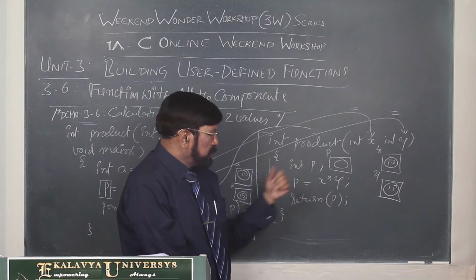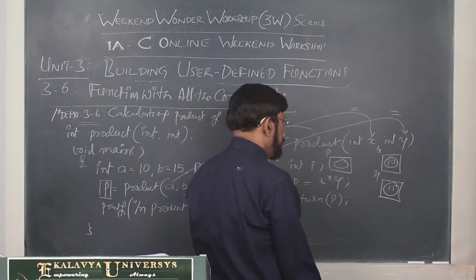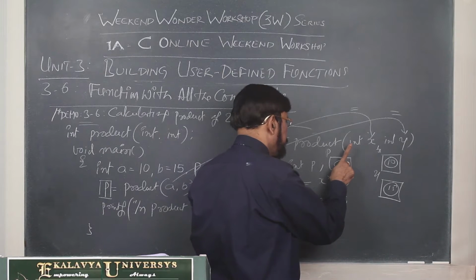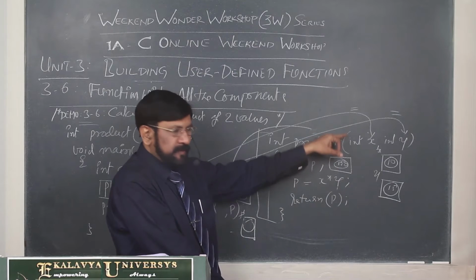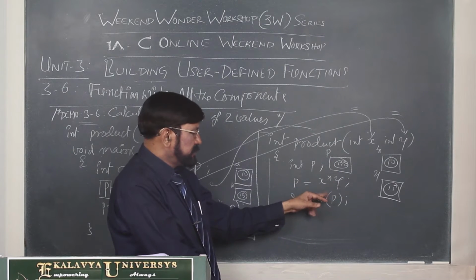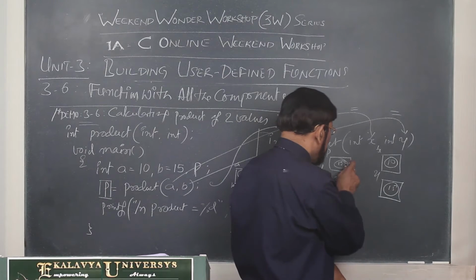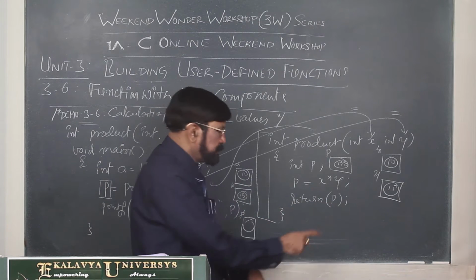Now p is equal to x into y, which you made. Now 10 into 15, 150 is stored here. Now control comes here, execution is done, so it is executed. Thereafter, 150 is stored in p, and that is returned using the return statement.